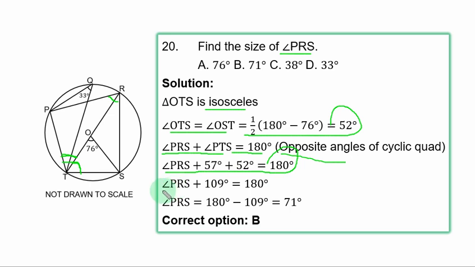So you have angle PRS plus 109 degrees equal to 180 degrees. So angle PRS is equal to 180 degrees minus 109 degrees, and that is 71 degrees. B is the correct option.